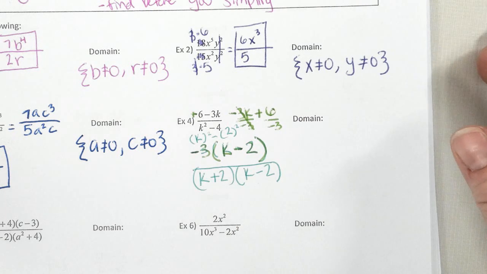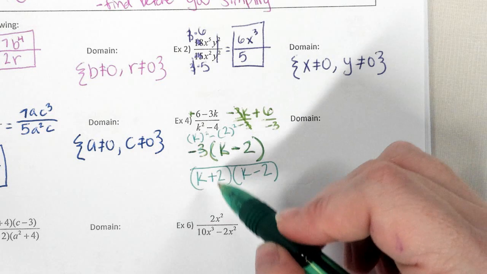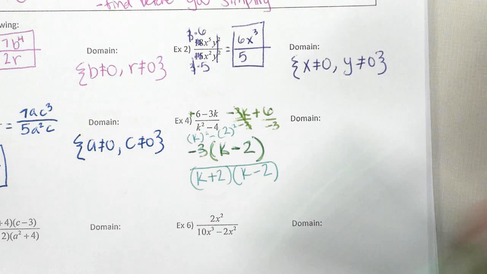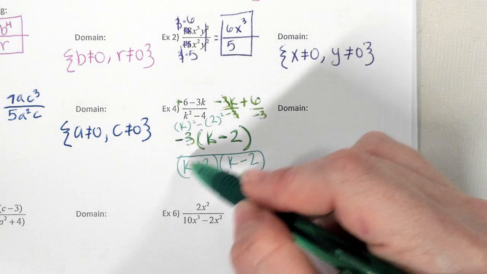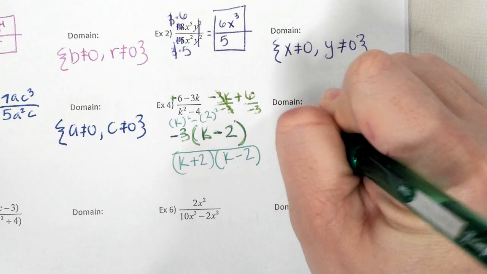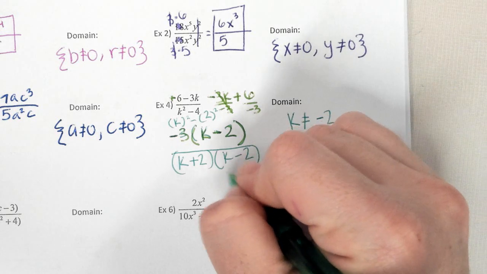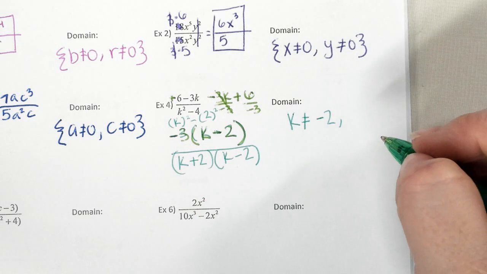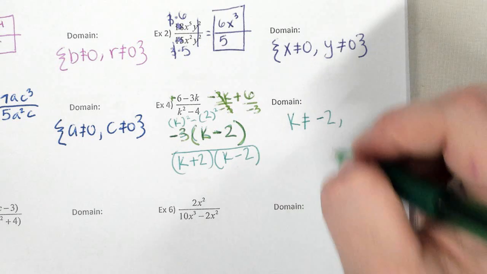Now, before I simplify, what do I need to find? The domain. These are different because I'm not just multiplying. I have addition and subtraction. What would cancel a positive 2 to make this factor equal 0? A negative 2. And what would cancel this negative 2 to make this factor equal 0? What's the opposite of negative 2? Positive 2.